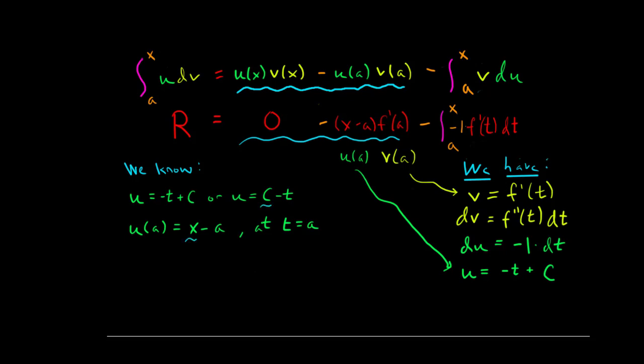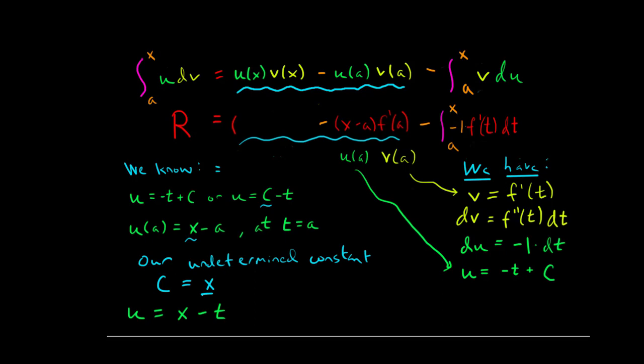Comparing those two expressions, it suggests that x equals c, or our undetermined constant c must equal x for all of these conditions to hold true. So we can finally write u equals x minus t. And now I'm deleting that 0, and I'm going to plug that in. So I'm going to evaluate x minus t at t equals x, and I get x minus x times f prime of x, which of course just equals 0. The first x is our c, the second x is t equals x, and that all equals 0. So voila.